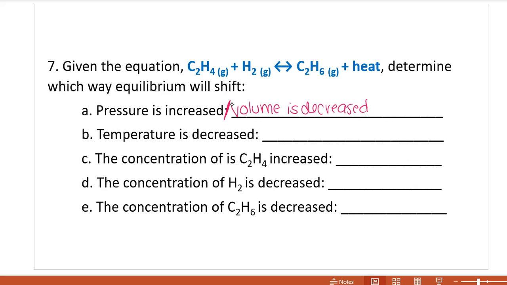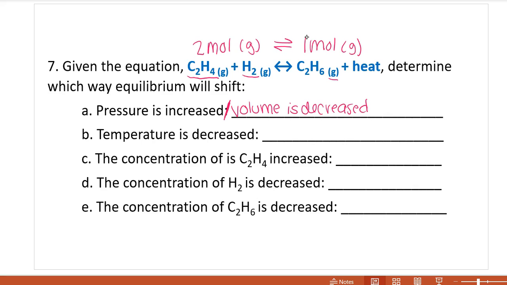That's important to know. Next, we want to count the total number of moles of gas on each side of the arrow, by looking at our coefficients. In this case, they're all going to be 1. So on my reactant side, the left side of the arrow, I have 2 moles of gas. On the right side of the arrow, I only have 1 mole of gas.